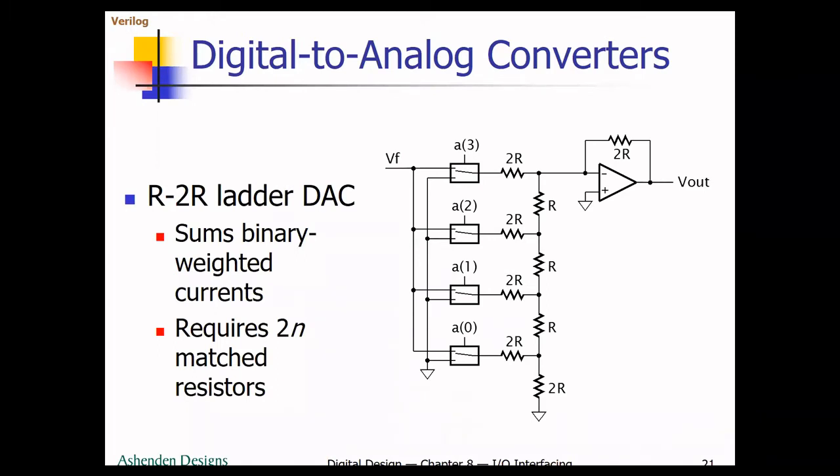That's the advantage of the R-2R ladder digital to analog converter. It is very interesting, and area-wise it consumes very little, so we use the R-2R ladder DAC in all our circuits.